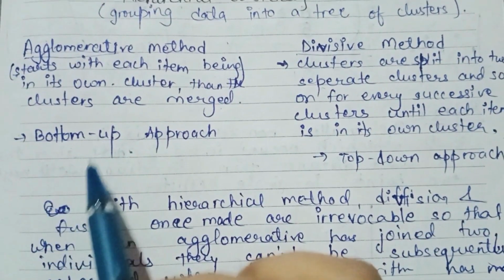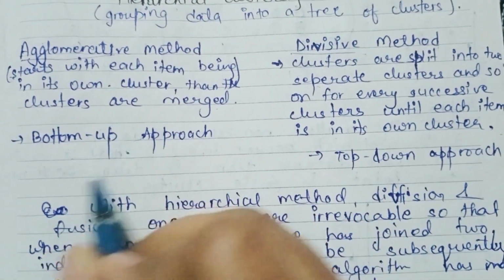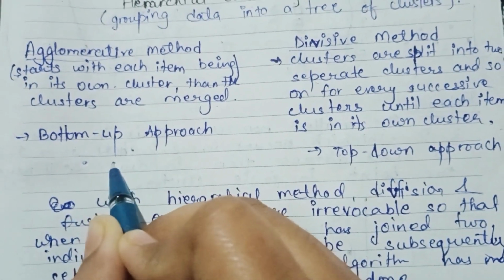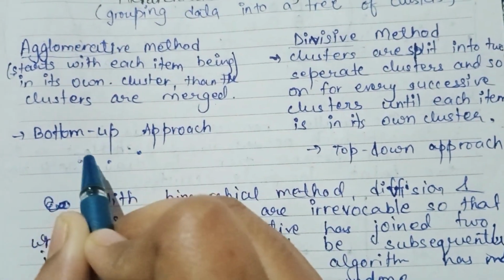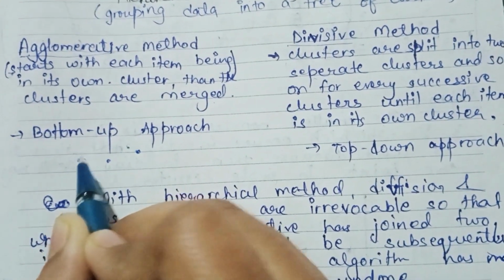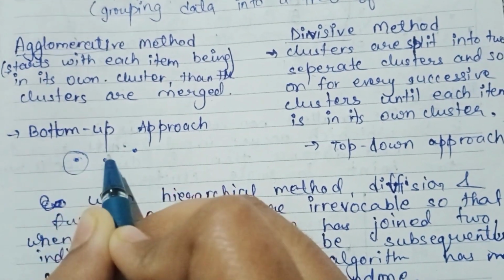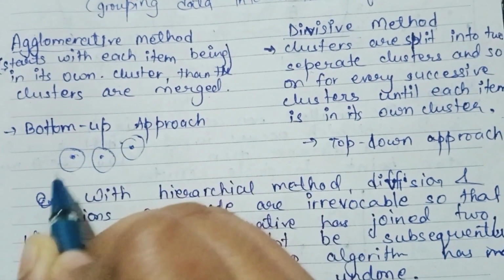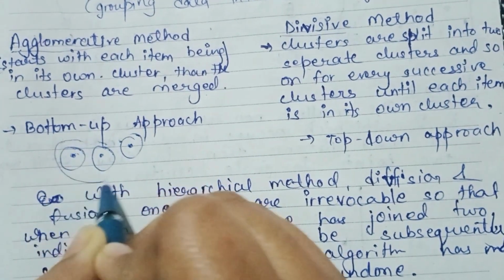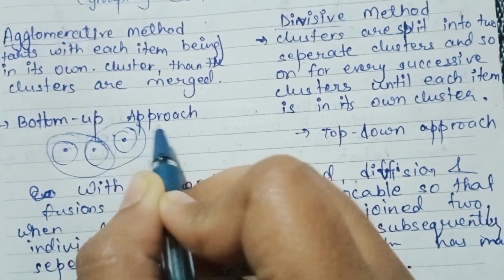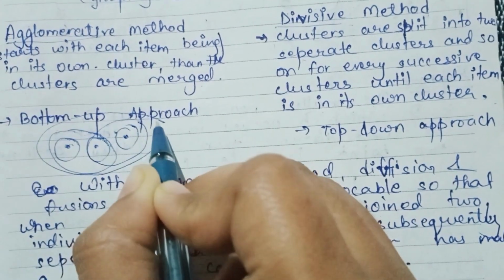Again, we can say that in the agglomerative method, if there are 2 or 3 points, then each individual point will form a cluster like this, and after that these two are merged, and then these two and the third all form one cluster.